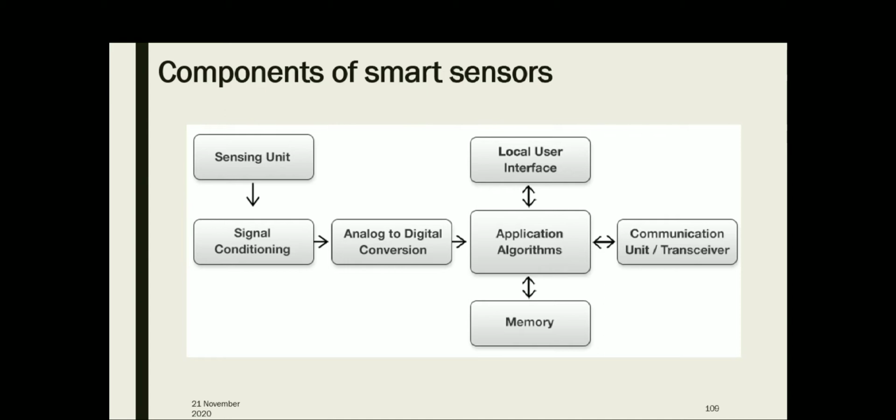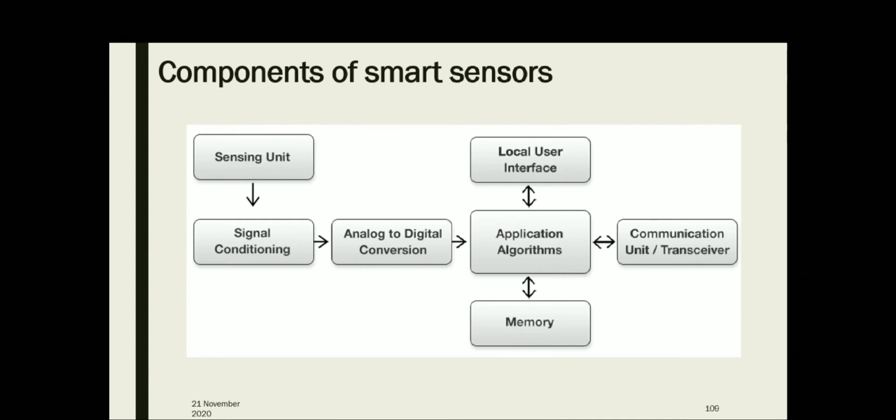Then it is associated with a local user interface, memory, and a communication unit or transceiver. Here the sensing unit senses the changes in the parameter, and then it is conditioned and converted to a digital signal using signal conditioning and digitalization units.